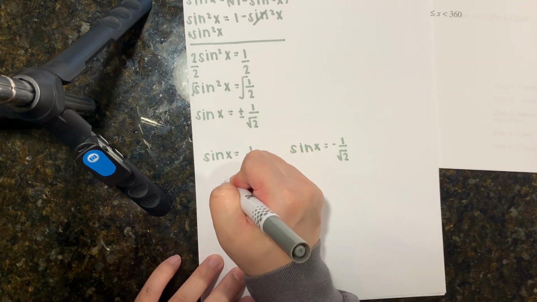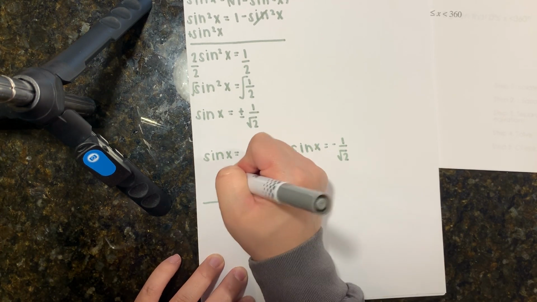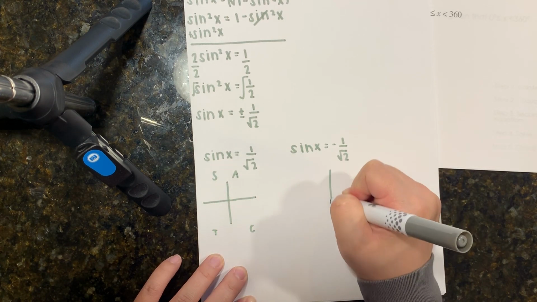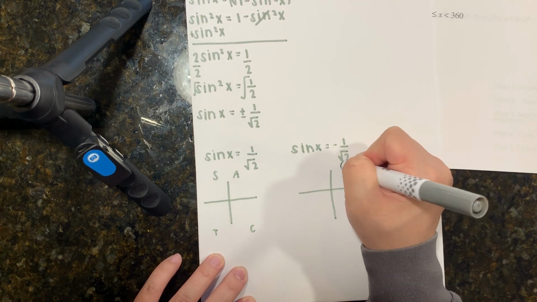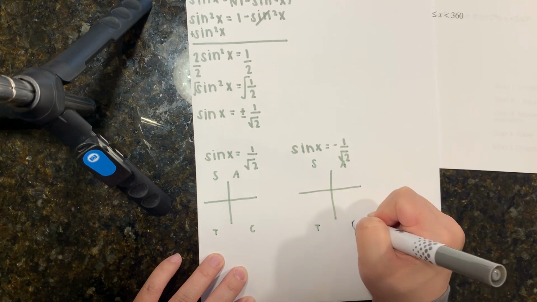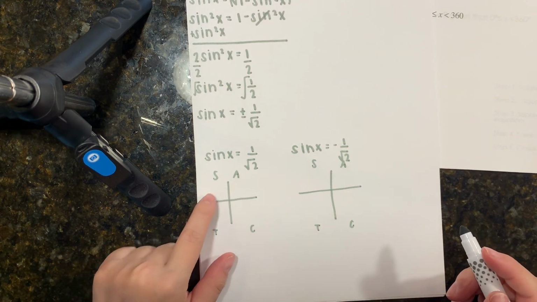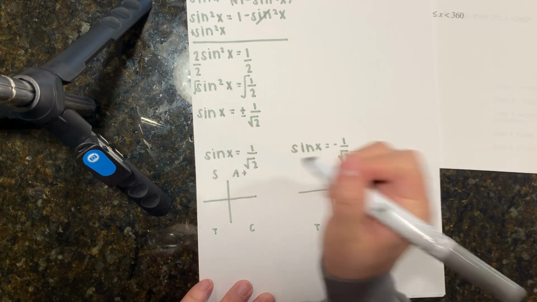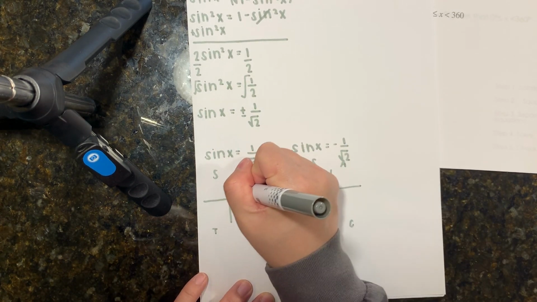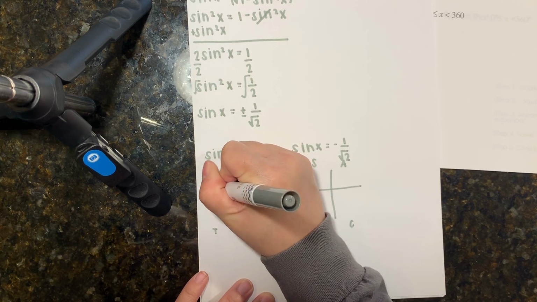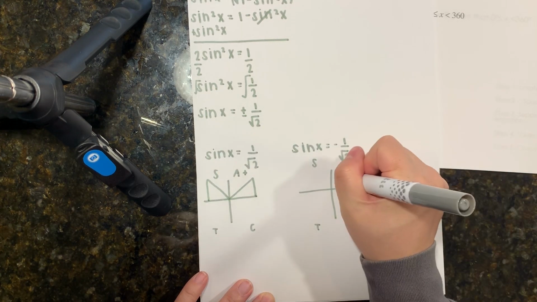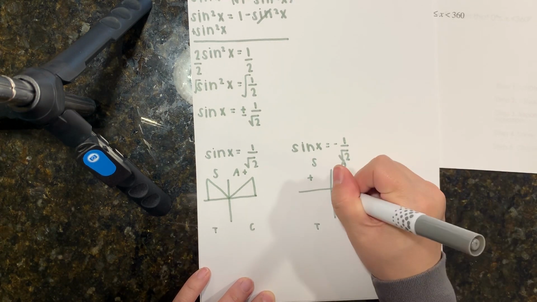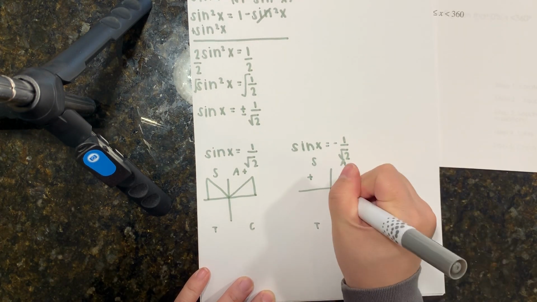Now I have to determine in which two quadrants is sine going to give me a positive ratio, and then which two quadrants is going to give me a negative ratio. Well, All Students Take Calculus tells me that everything is positive in quadrant 1 and sine is positive in quadrant 2. So that means if it's positive in quadrants 1 and 2, that means it's going to be negative in quadrants 3 and 4.